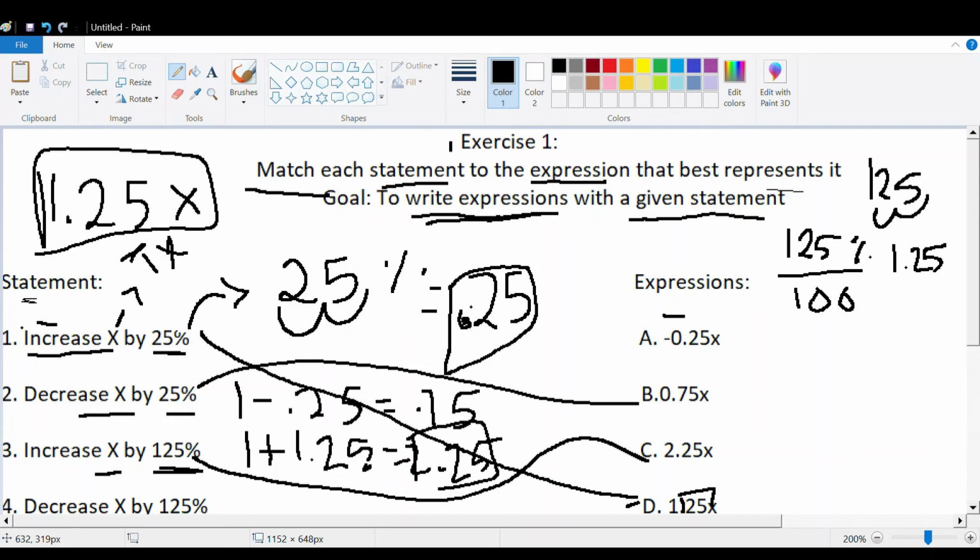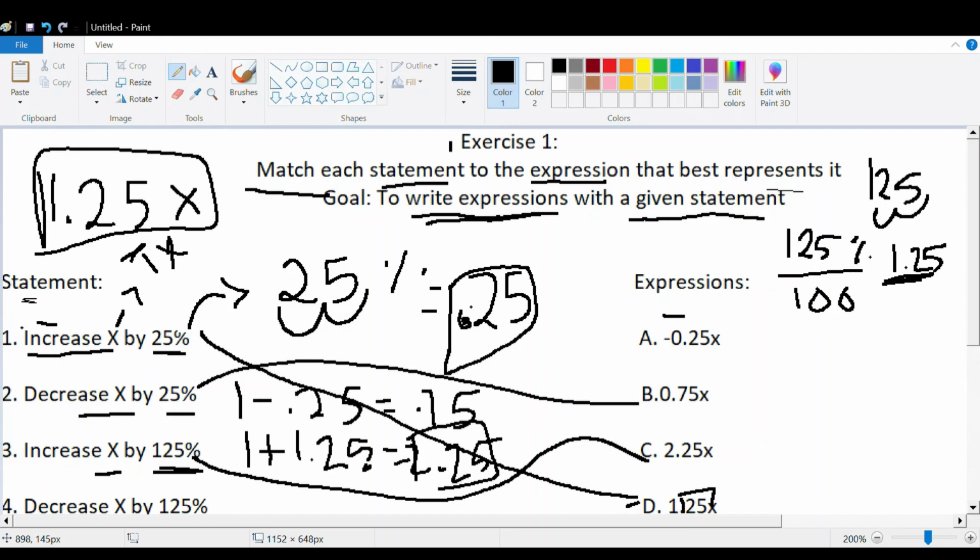Now, by a process of elimination, we can see what 4 is equal to, but let's always check. Now, 4 says decrease x by 125%. We already have the 125%, as we said that's 1.25, and also we said decrease is equivalent to subtraction.